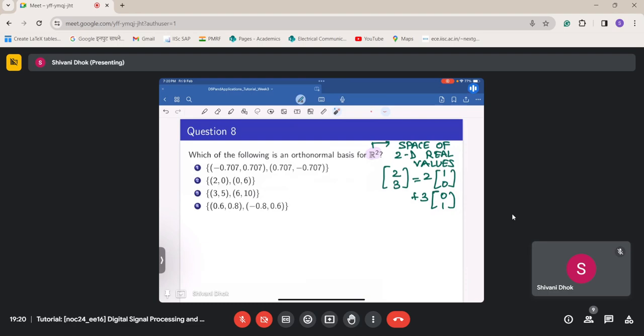What do we mean by orthogonal? If x and y are two vectors, and the inner product of x and y is equal to 0, then it means that x and y are orthogonal.